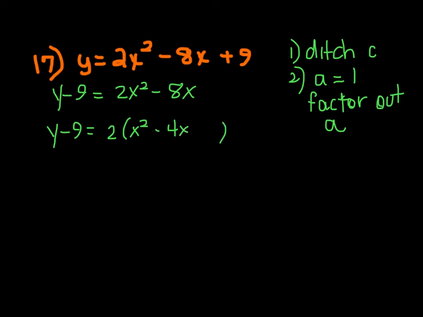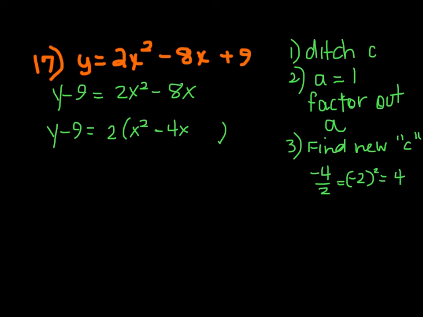And I'm going to leave a space to add the new c. I need to find the new c. I'm going to take b, divide it by 2, and square it. I get 4. And I'm going to add that positive 4 right in there.